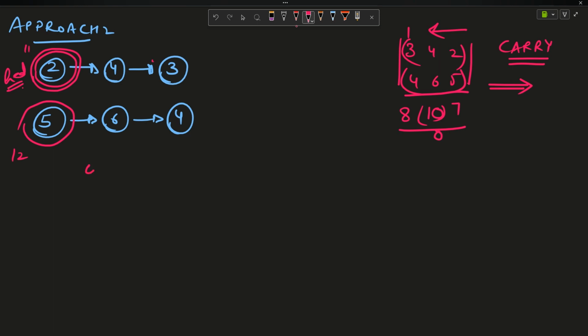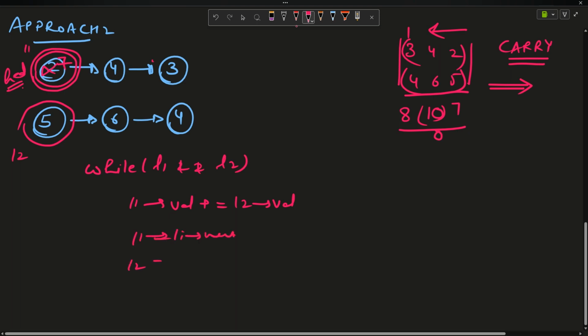I will say while L1 and L2, that is both of them, have not become null, L1 value will be incremented by L2 value. 2 plus 5 gives me 7, so 2 will become 7, right? And after that, make it move to next. So L1 will go to L1 next, and L2 will go to L2 next. So L1 comes here, L2 comes here.